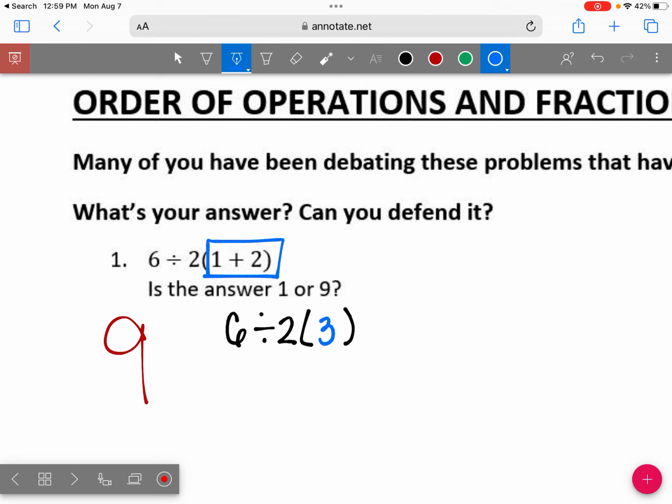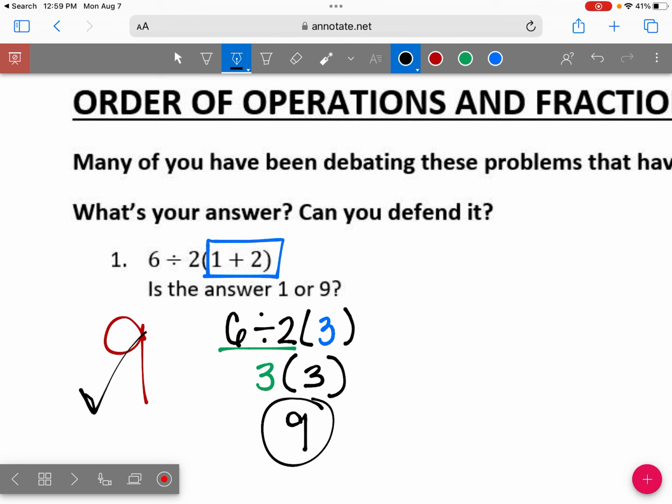Do you see how there is division and multiplication? Because division is on the left, we're going to do that first. So we're going to divide 6 divided by 2, which is 3. And then 3 times 3 is 9. So you were right. If you said the answer was 9, that is the right answer.